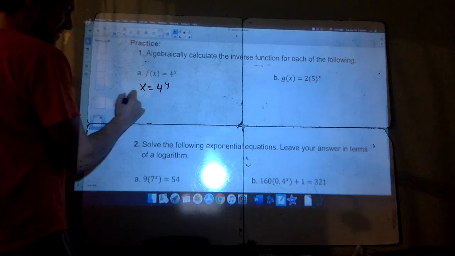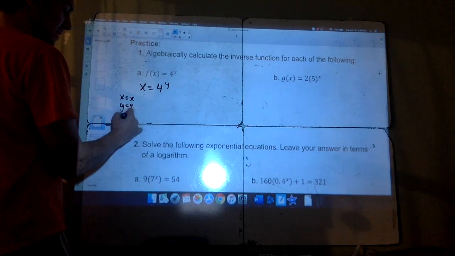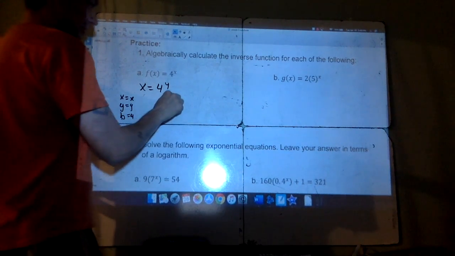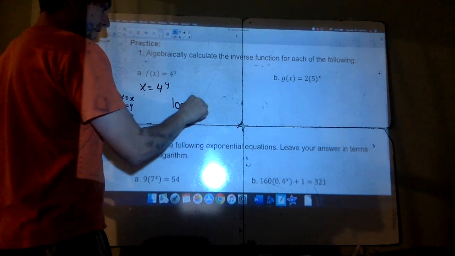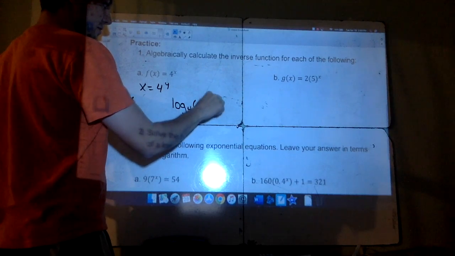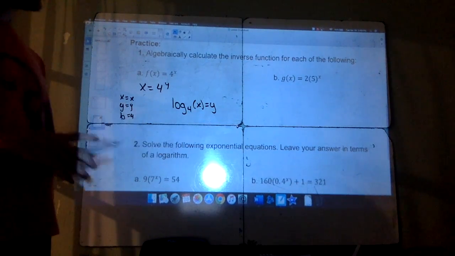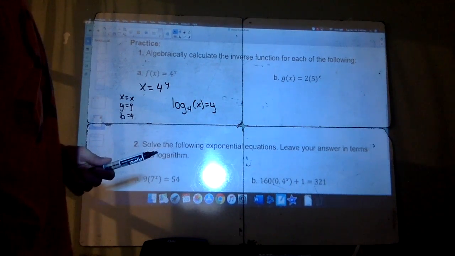And here, x equals x, y equals y, and b equals 4. So how we're solving this is we say log base 4 of x equals y. So that's for 1A. Try 1B on your own. That's your homework to submit.